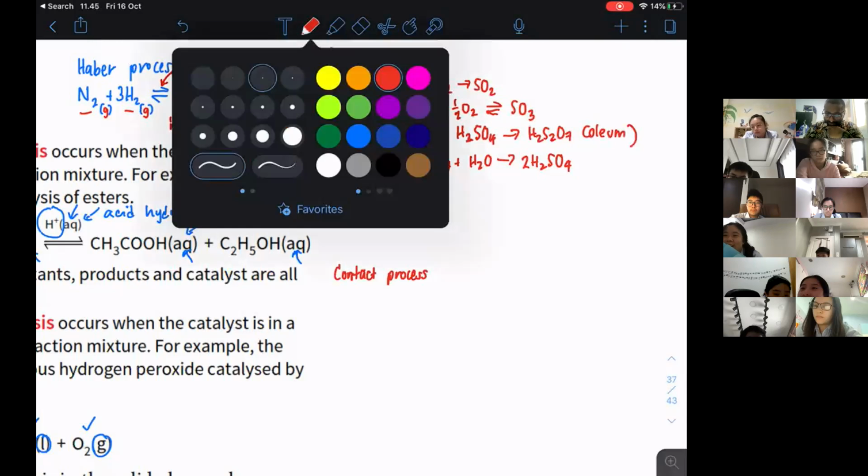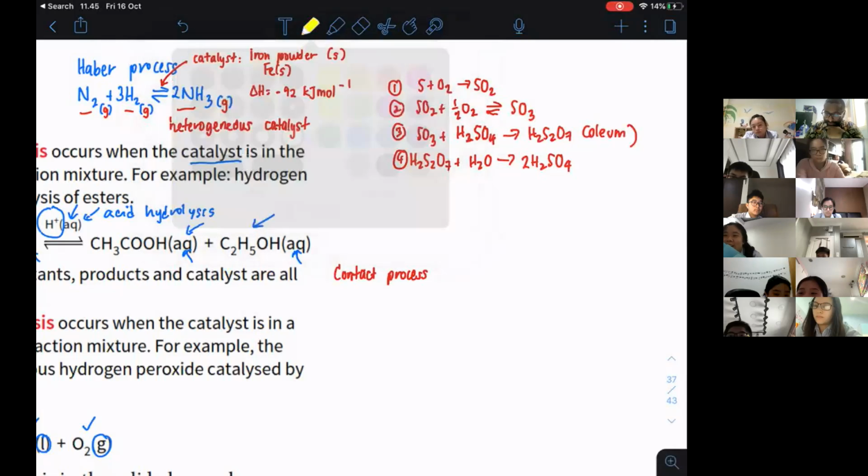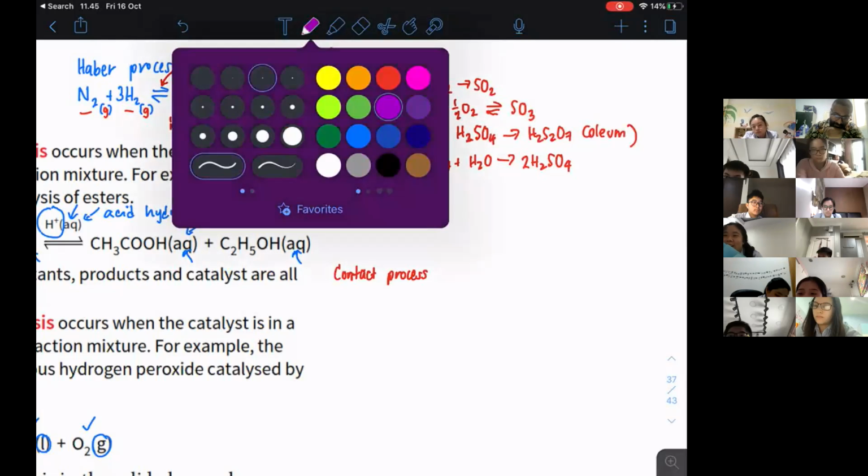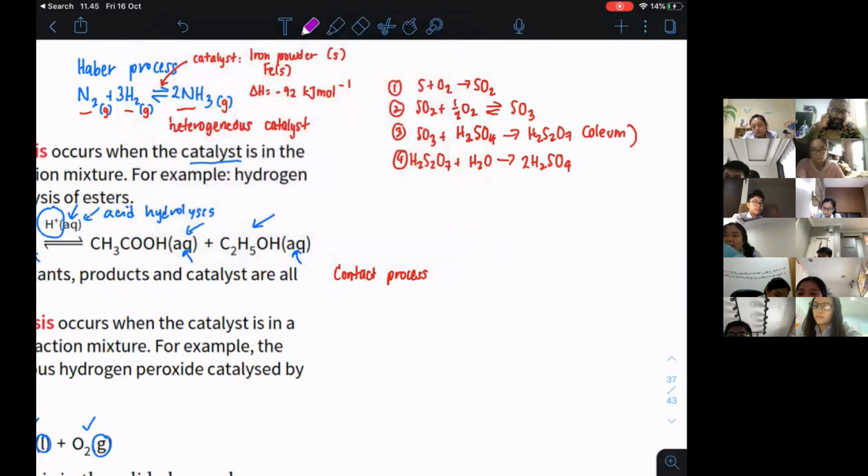Please remember this, very important. The one that is involving the catalyst is going to be reaction number 2. This reaction is also combustion. You can see the reaction of oxygen, combustion of SO2, or oxidation of SO2, to give you SO3.